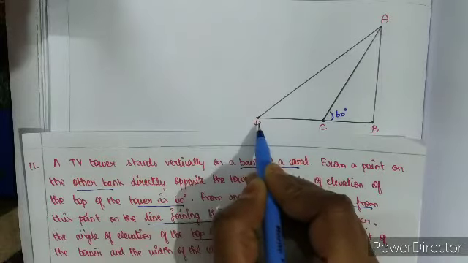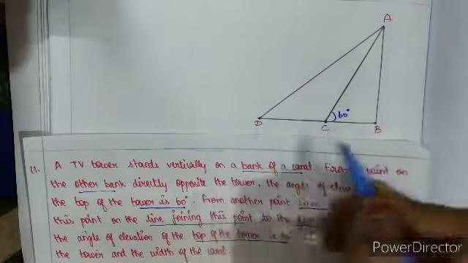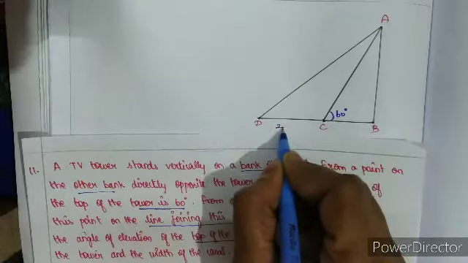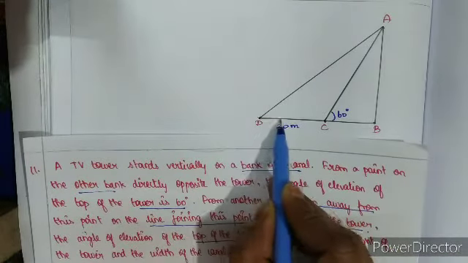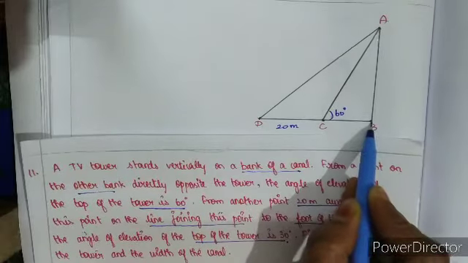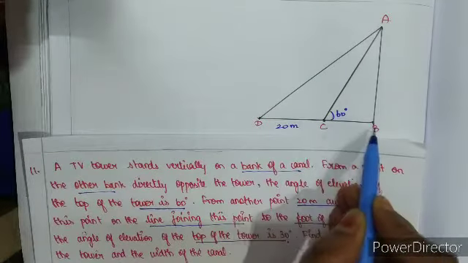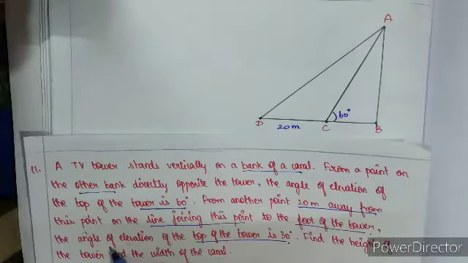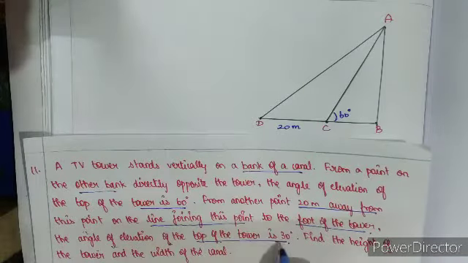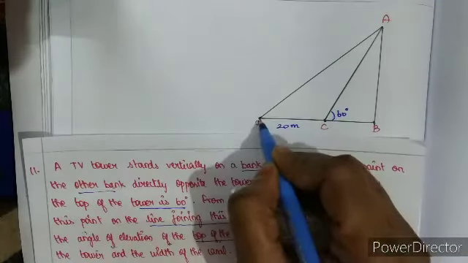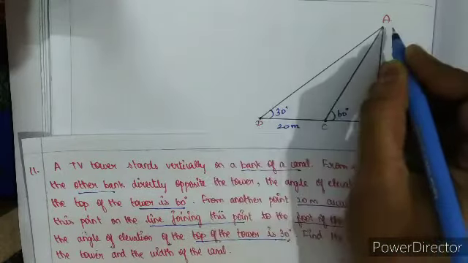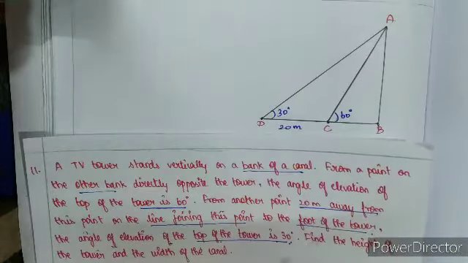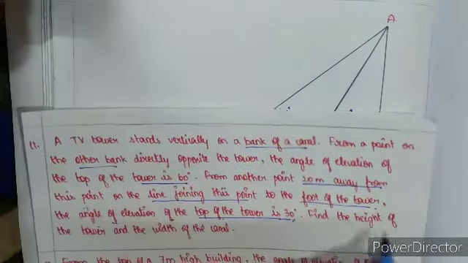Let the point be D, and the distance between these two points is given as 20 meters. This point lies in a straight line along the foot of the tower. The angle of elevation of the top of the tower from this point is 30 degrees. Find the height of the tower.